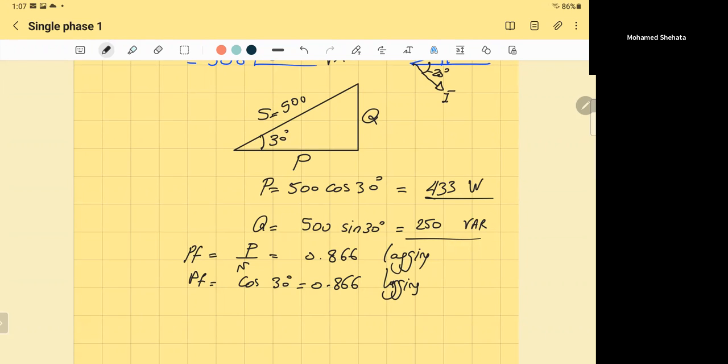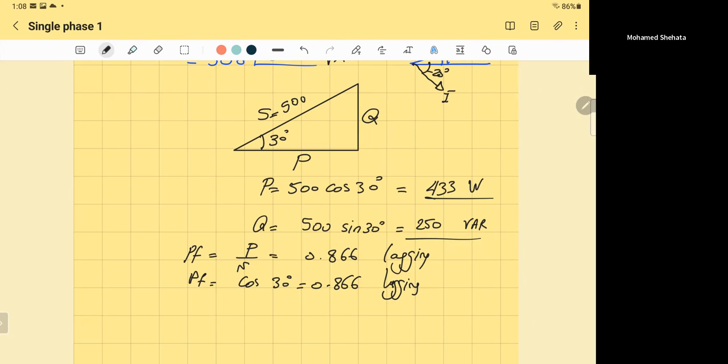The direction. If the angle between the current and the voltage is equal positive 30, the phase angle in the power triangle is equal negative 30.